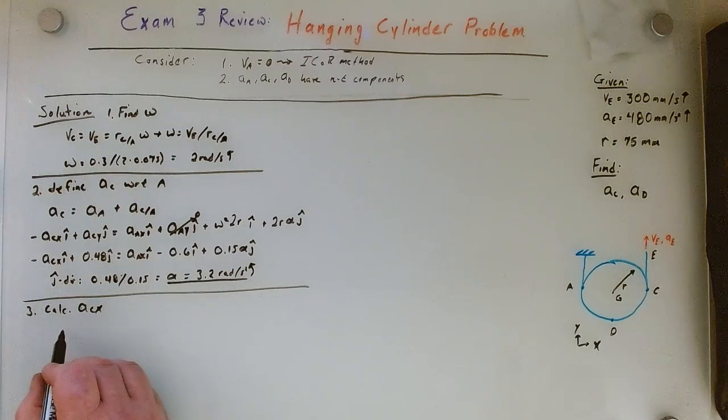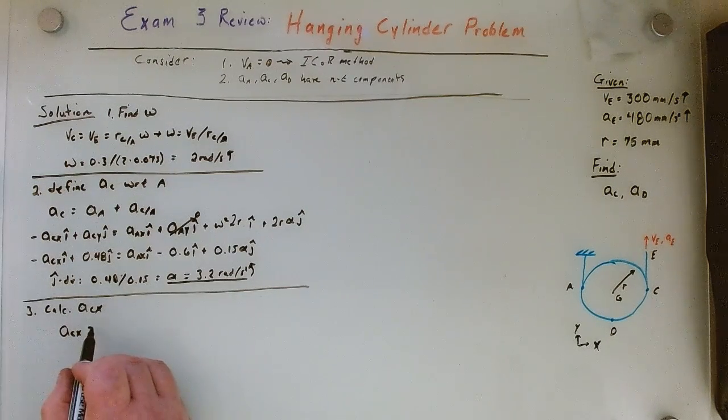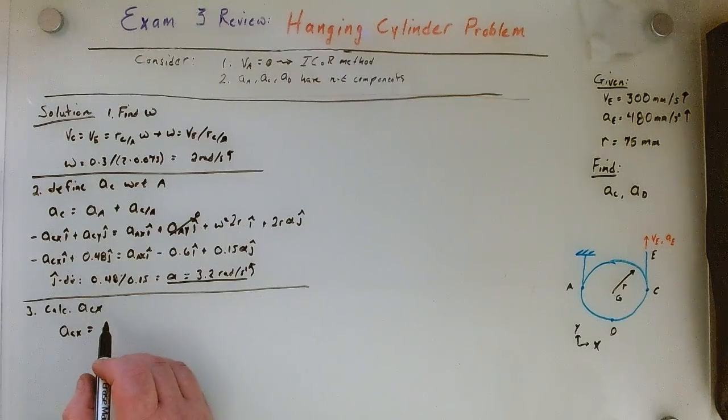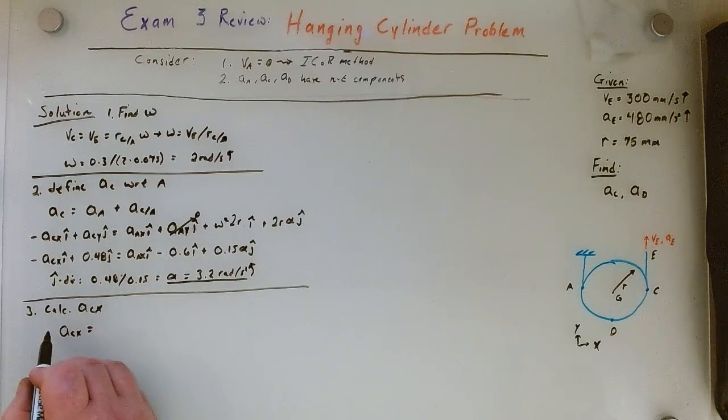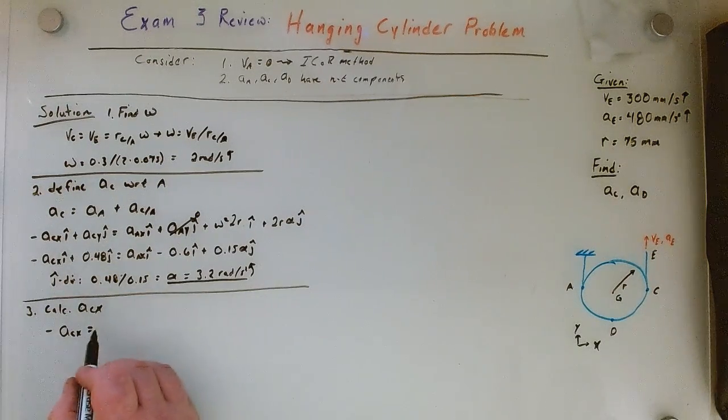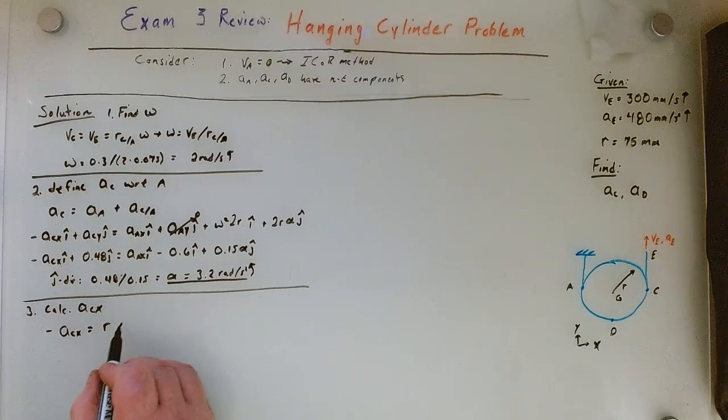And that is, minus ACX is equal to r alpha, right?